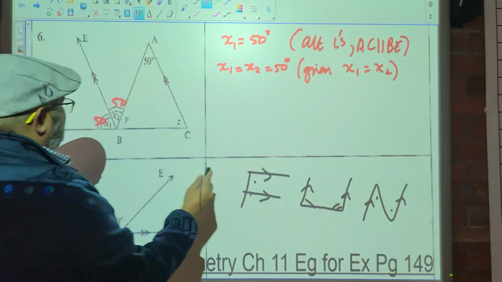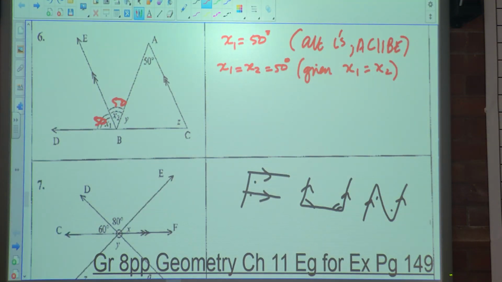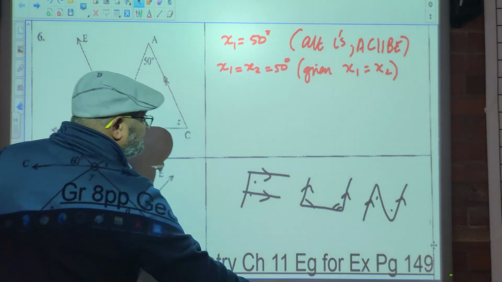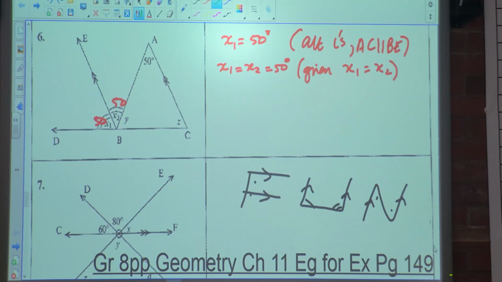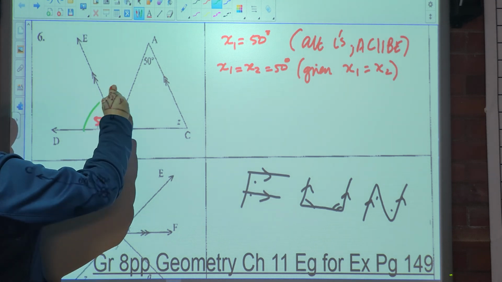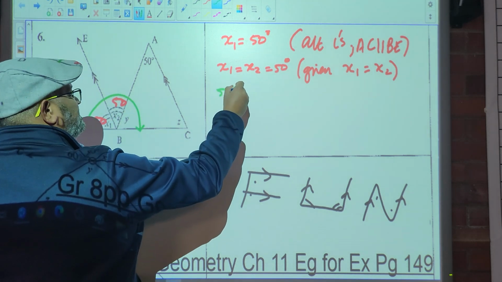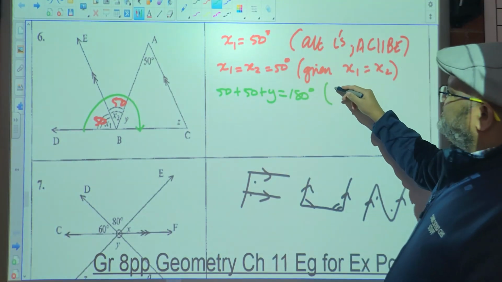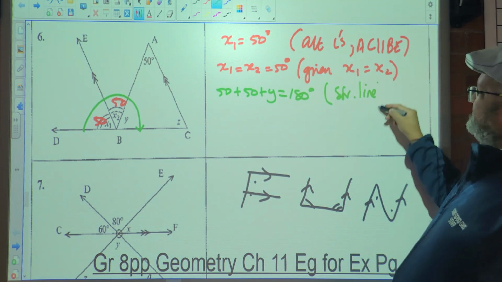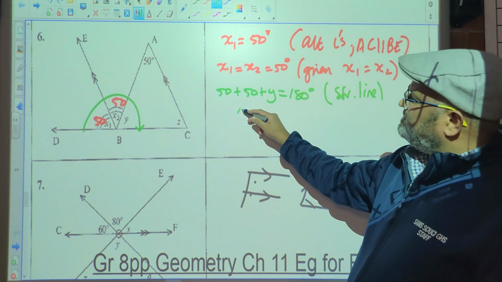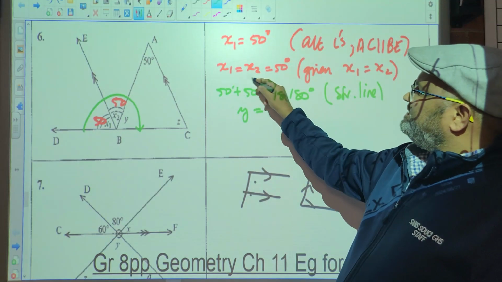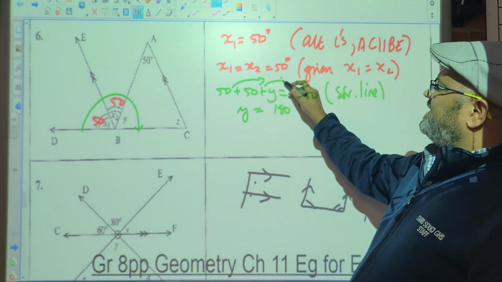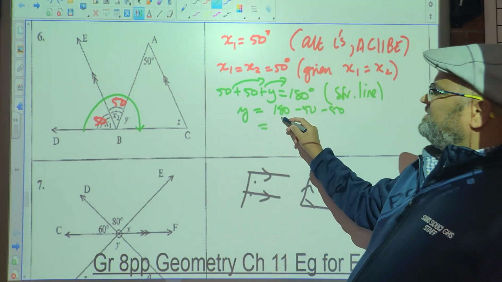How do I know it was given? By the arcs. Can I solve for y now? Angles on a straight line. So 50 plus 50 plus y is equal to 180. Why? Straight line. So y is equal to 180 minus 50 minus 50, which is 80 degrees.